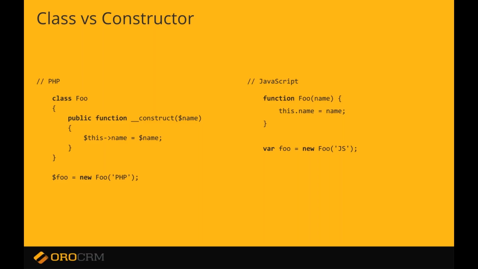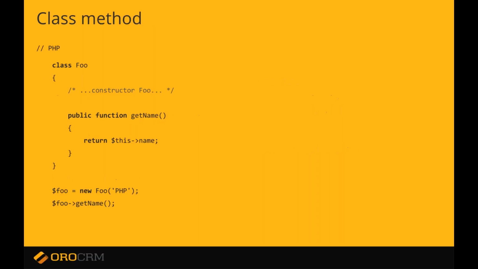JavaScript does not have classes, but there are constructors and prototypes. So we need to define the constructor method with its logic, the same as we did in PHP. And after that, we can call the new operator for the constructor method and pass the arguments to get an instance of that constructor. That's easy and pretty much the same.